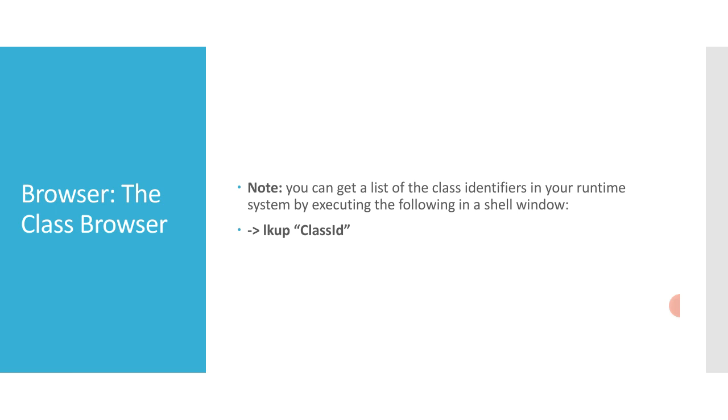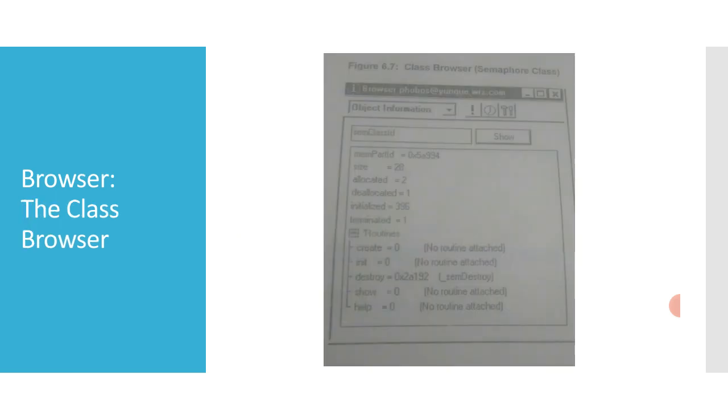This is how the class browser looks. Each class has an identifier in the runtime. The symbol names for these identifiers end with the string classId, making them easy to recognize. For example, this figure shows the display of semClassId.